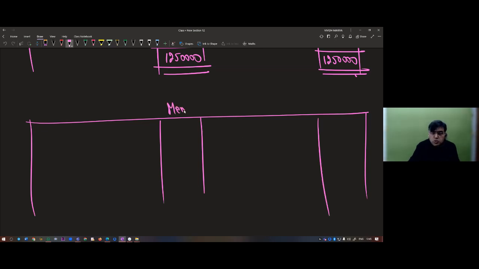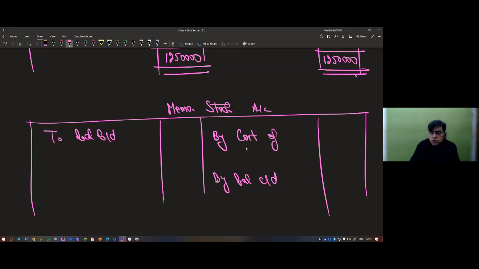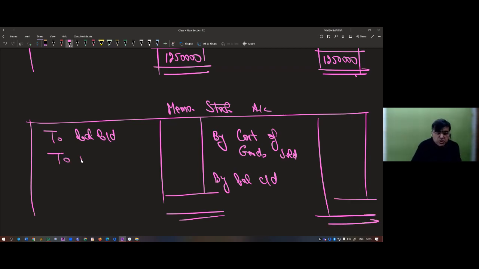Memo stock account. To balance brought down, by balance carried down, by cost of goods sold, to purchases of creditors.